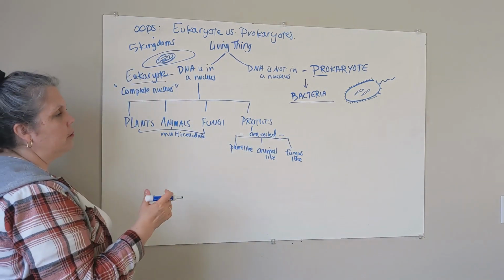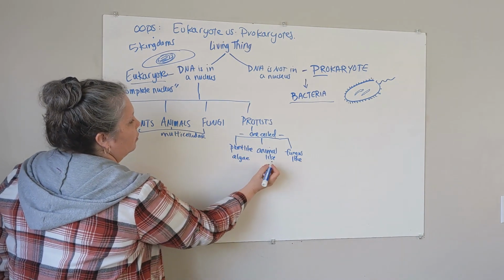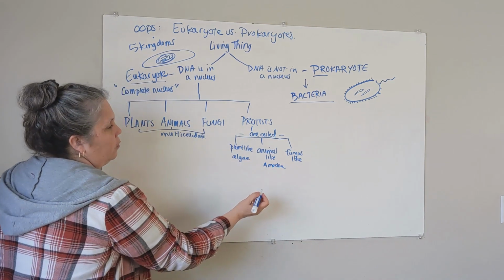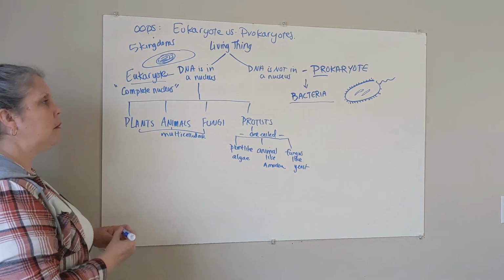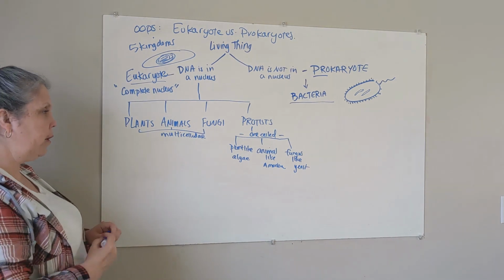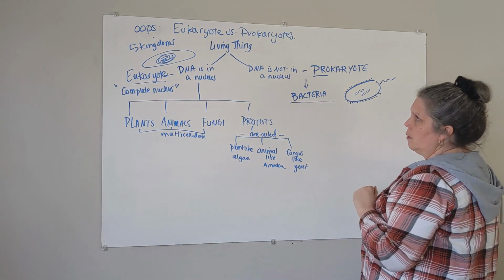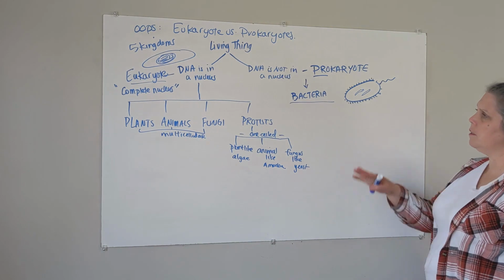Plants, one-celled animals, one-celled fungus. So this would be like algae, for example. This would be like an amoeba. And this would be like yeast. Those are all one-celled protists, and they're not bacteria because they have a nuclear membrane around their DNA. And so that's what makes the difference.